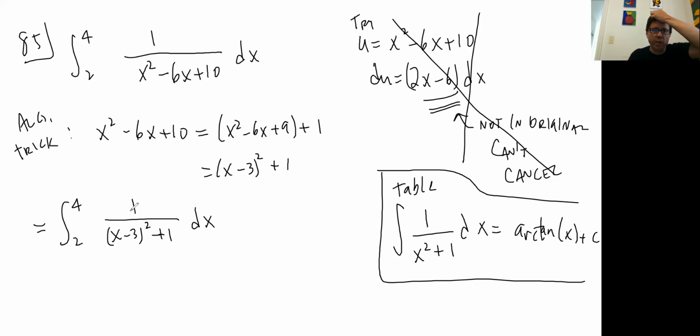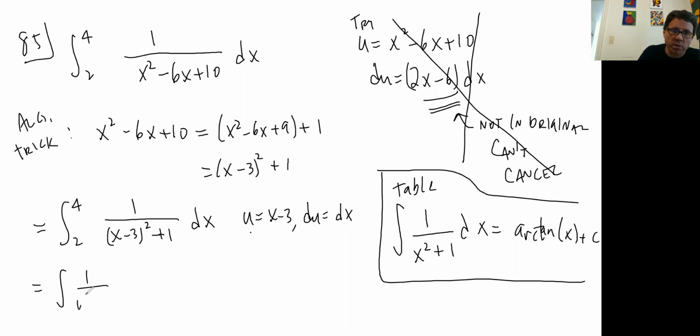So I rewrote that using completing the square. Now that looks super close to this. I've got the 1, I've got the plus 1, and I have something squared. It's not quite x squared, but maybe that tells us I need to change it into something squared by doing a substitution. So if I did u equals x minus 3, du will be dx, because the derivative is just 1. And so this will become the integral of 1 over u squared plus 1.